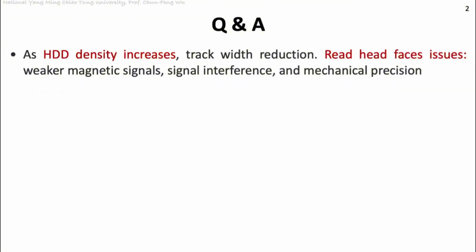In this case, the read head will face several issues, because if each track becomes narrow, the read head will face weaker magnetic signals and interference, and mechanical precision is hard to control. So it does increase the challenge for the read head. But I think with current manufacturing technologies and HDD technologies, most of these issues can still be handled.